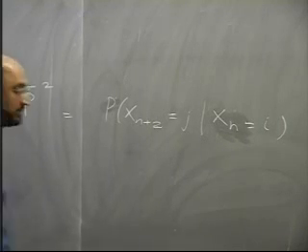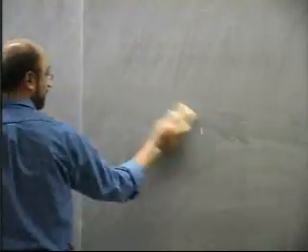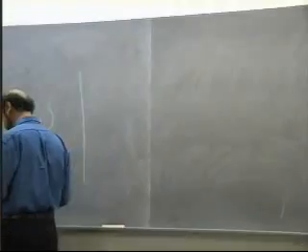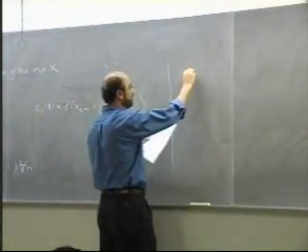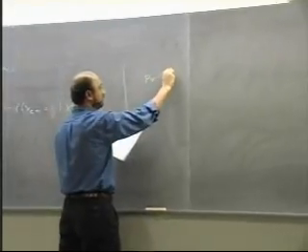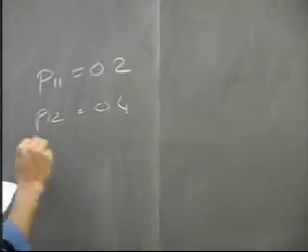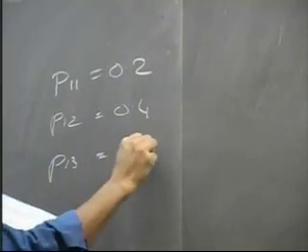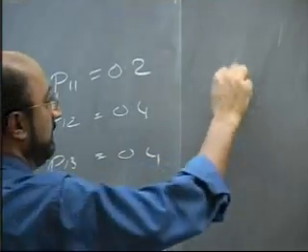Maybe I should just do an example. I'm going to do the example from here, and then we'll take a break, I think. So let's see. Let's say that we have the following situation. Let's say P11 equals 0.2, P12 equals 0.4, P13 equals 0.4. All right. Now, let me do that.